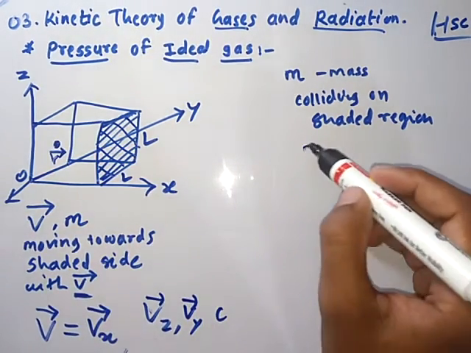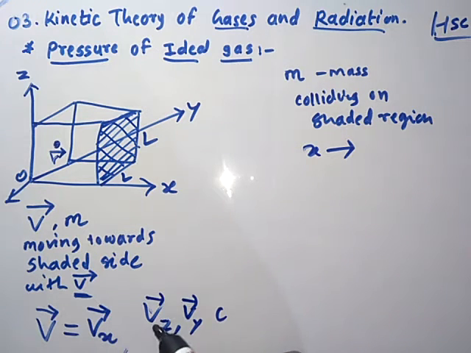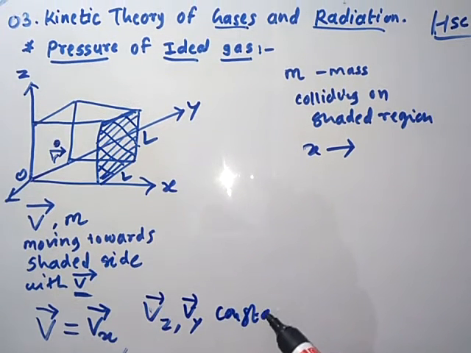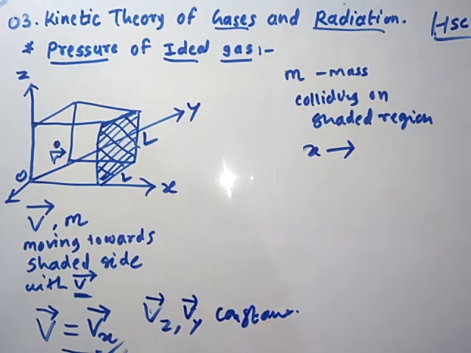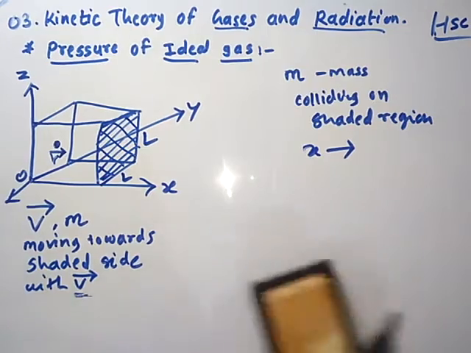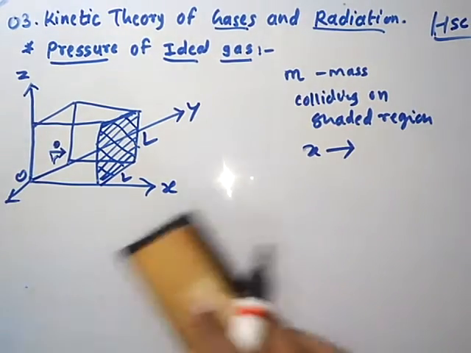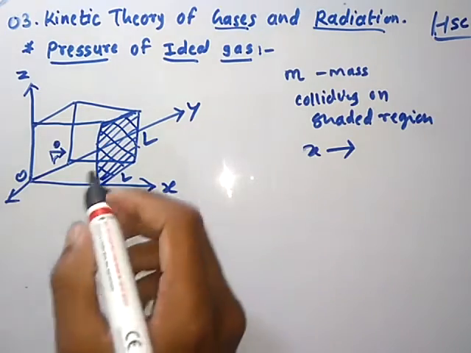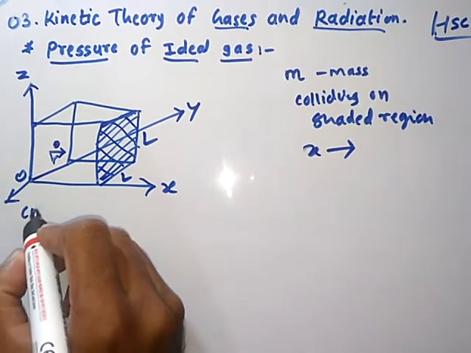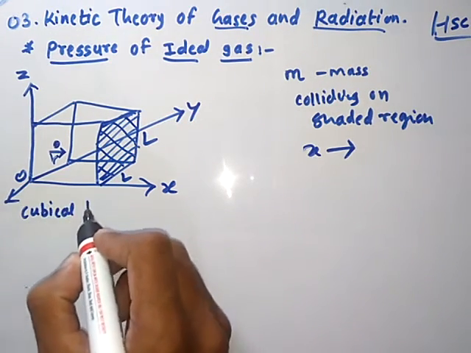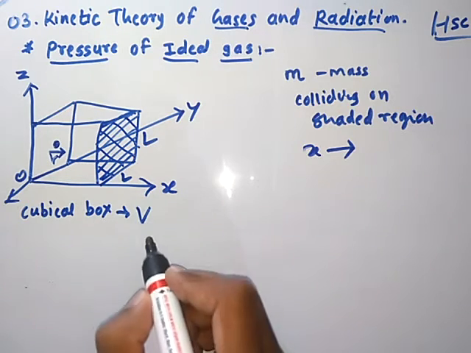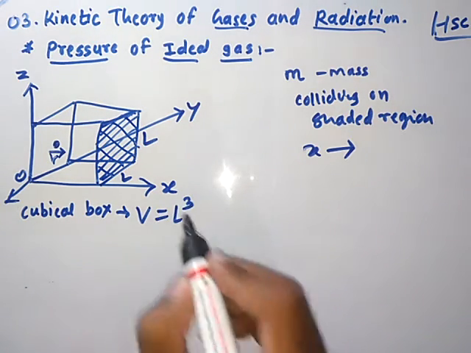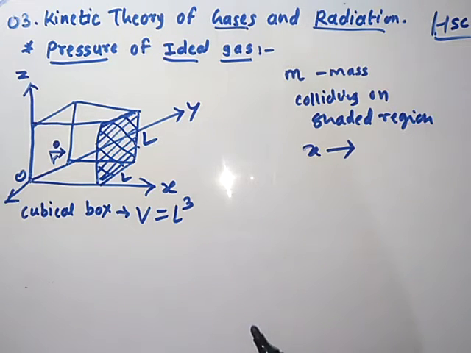So we only take the velocity vx bar. The volume of the cubical box is capital V, which is equal to L cubed, that is side cubed. So up to now we have constructed our problem.